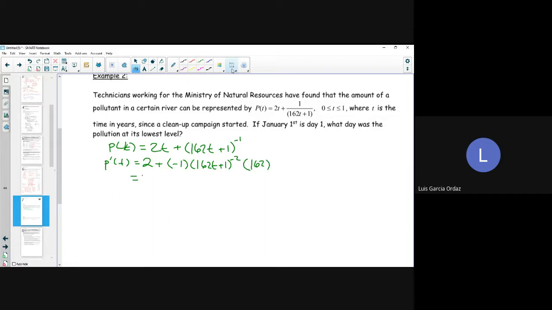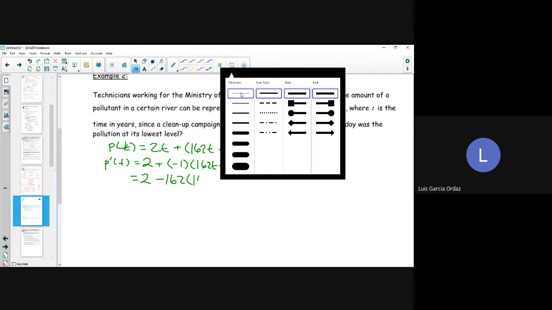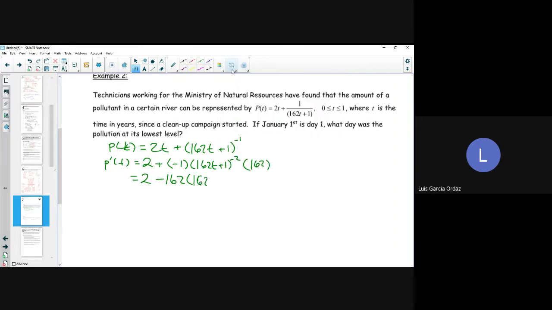So that means I get 2 minus 162 times 162T plus 1 to the power of negative 2.